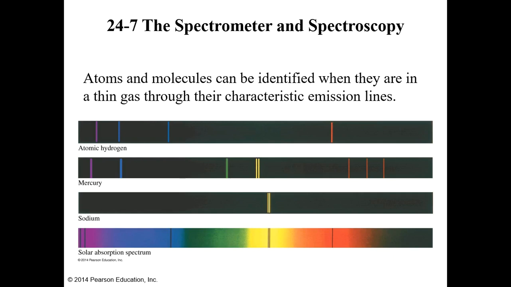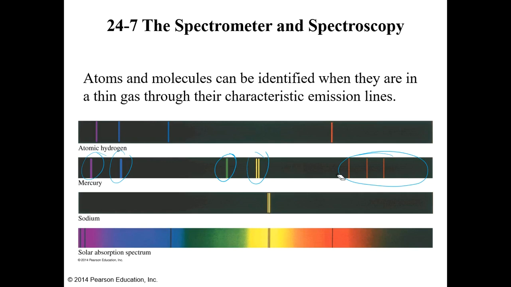Which light waves can we get? Well, you get a red light, you get a couple of blue lines, and then you get purple lines. Those are the main colors that are emitted by excited hydrogen atoms. Likewise, mercury, you get a violet, you get a band of blue light, you get green, and you get a couple of yellow, handful of red.